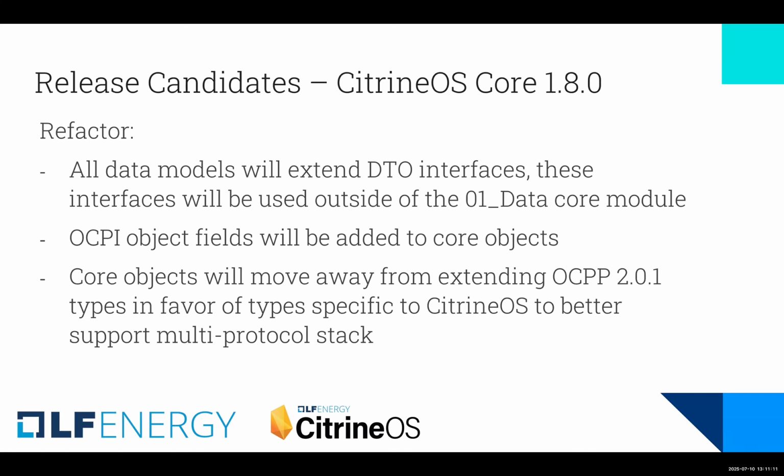Now that we have a multi-protocol stack where we support both OCPP 201 and OCPP 1.6, and also now OCPI 2.2.1, it's very important that the data that CitrineOS Core manages is protocol agnostic. So we will be moving away from using interfaces directly from OCPP 201 in favor of custom interfaces that will make it easier for us to support a multi-protocol stack.